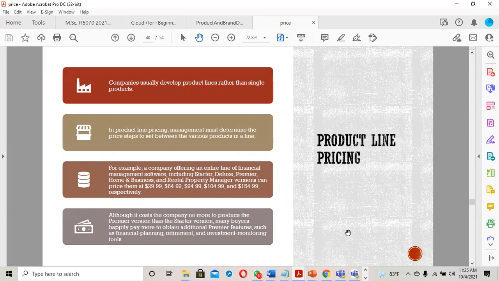Product line pricing. Something that comes to my mind when I say product line pricing is, for example, antivirus software. There is always a free version, and there is a premier version, or there are different names.